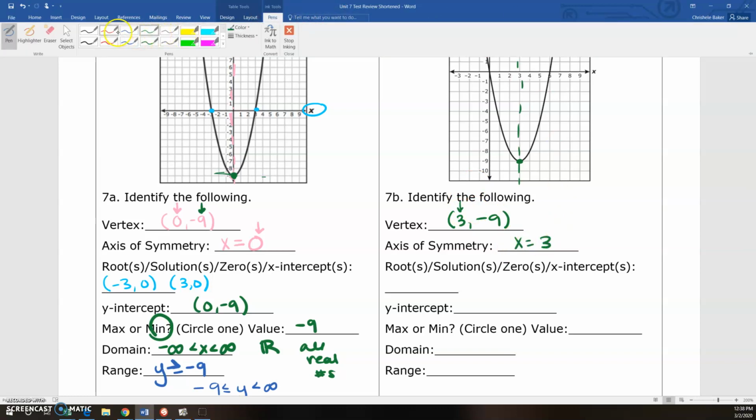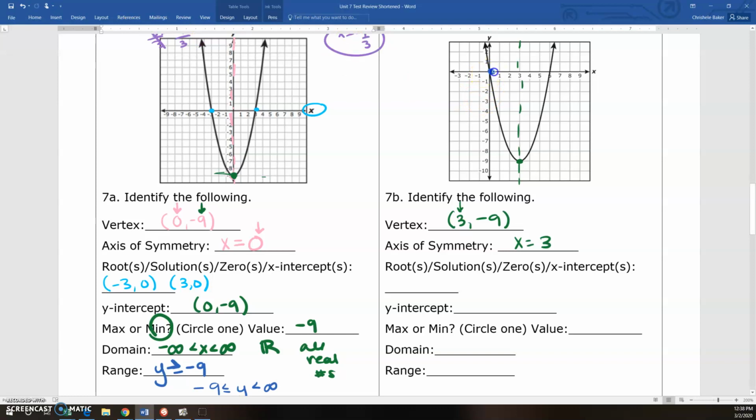My solutions, my roots, one of them's at the origin, and one of them is at 6. The y-intercept just so happens to be the origin this time. This again is a minimum, and the minimum value is the lowest number, that's negative 9. So again, this matches with that.